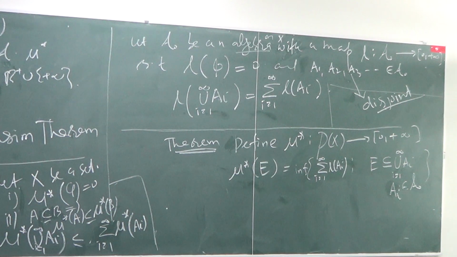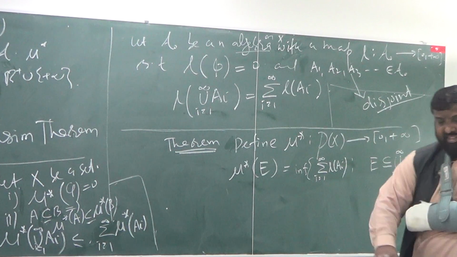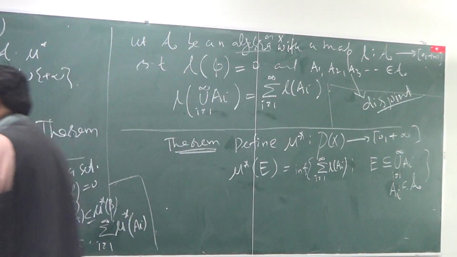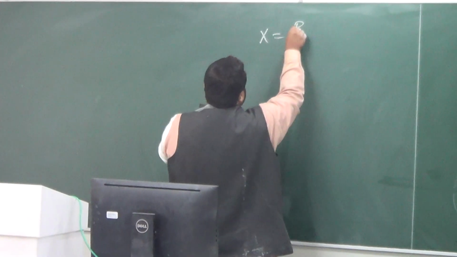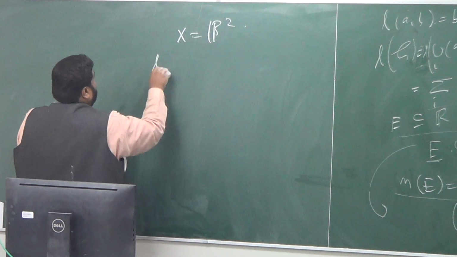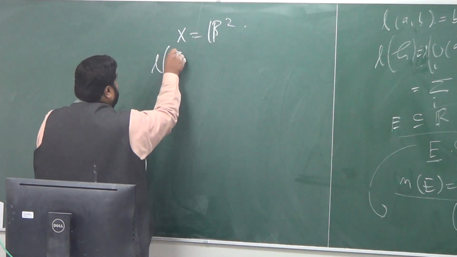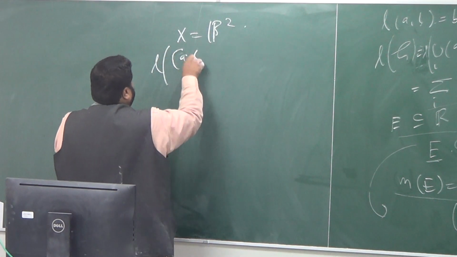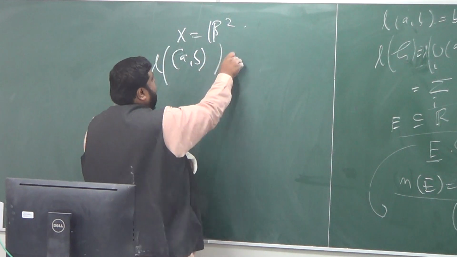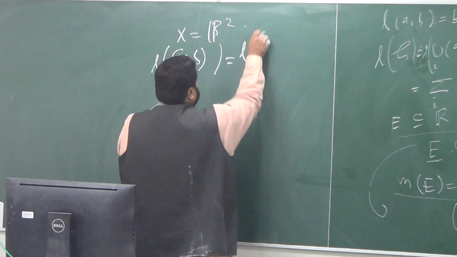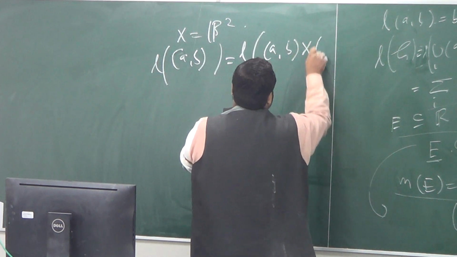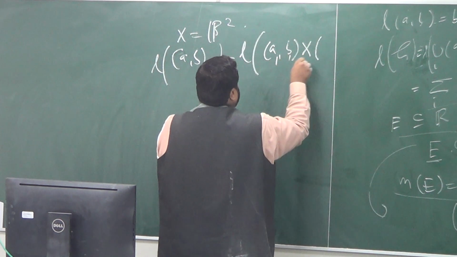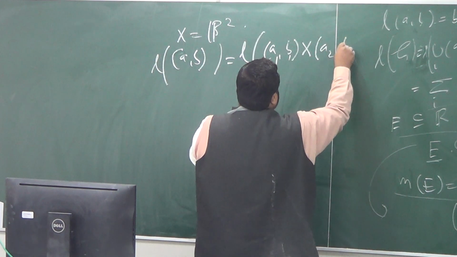So what would be the two-dimensional version of it? If you are taking x to be R2, then the length of the interval a comma b, which is now not one interval but the cross product of two intervals, a1 b1 cross a2 b2.